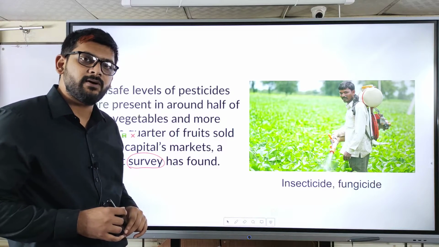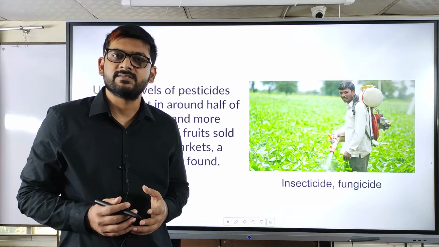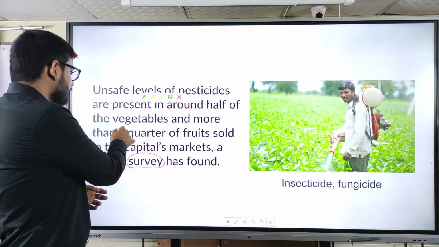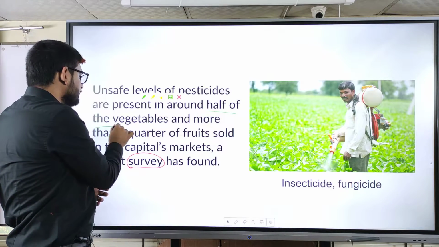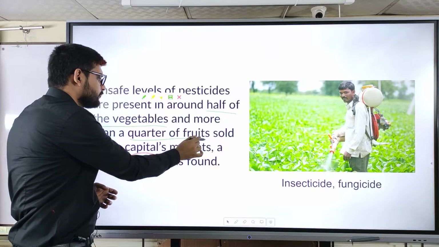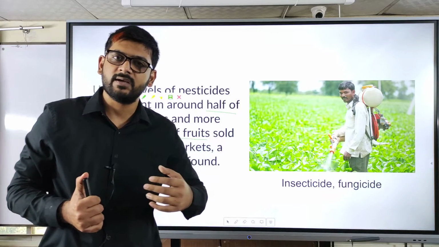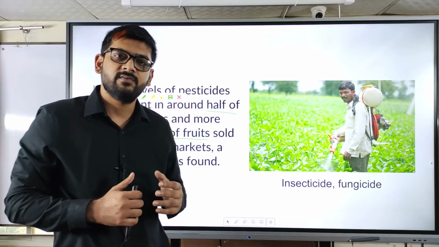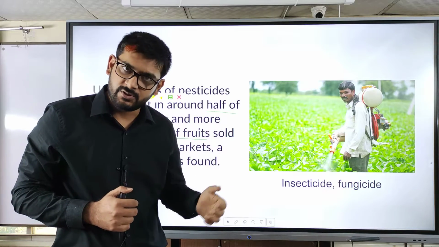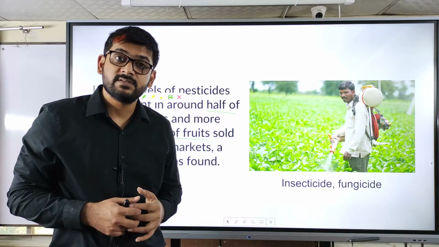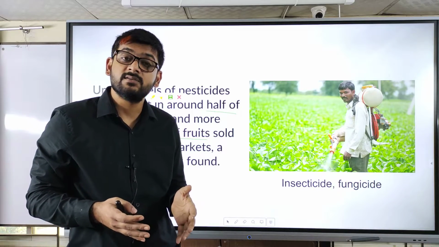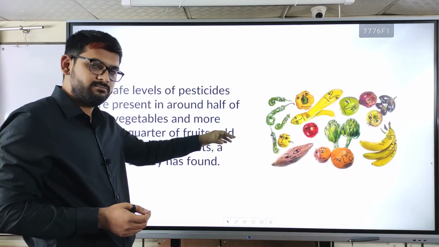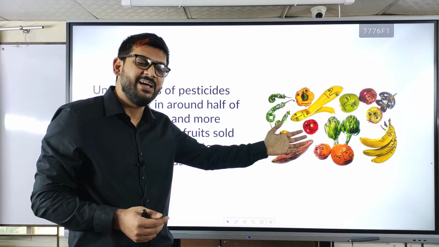So the survey people collected some vegetables and some fruits, and they found that around half of the vegetables and more than a quarter of fruits are contaminated. Half means 50% of the vegetables, and a quarter means 1/4, or 25%, of something. The vegetables are actually sad because they have been contaminated.